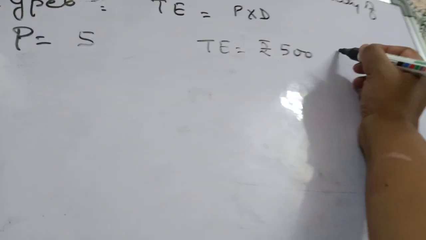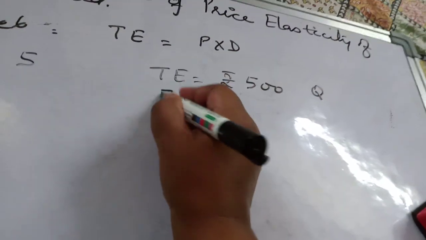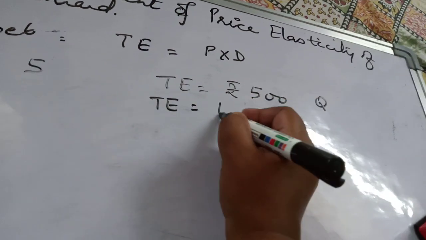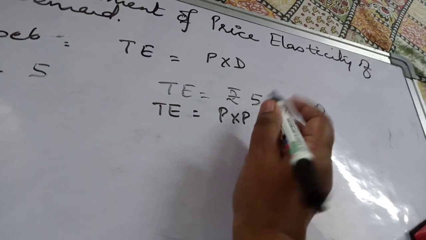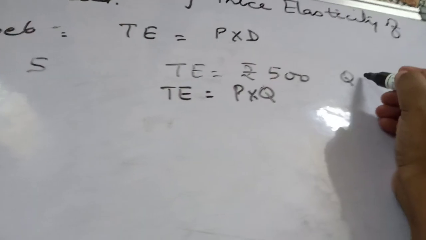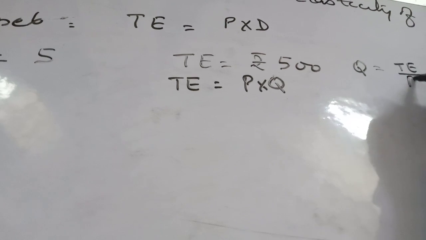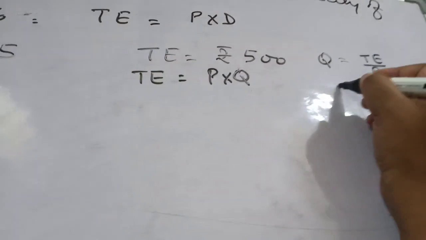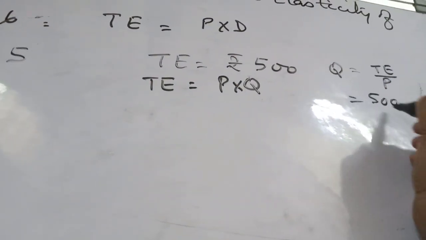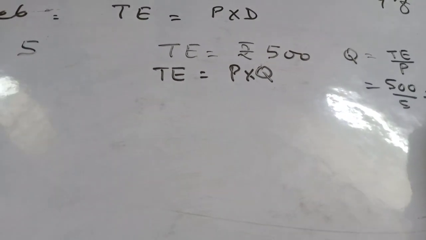So can we calculate the quantity demanded here? See, total expenditure is equal to price into demand, right? So Q is equal to total expenditure upon price, which is equal to 500 upon 5, which is equal to 100 units.